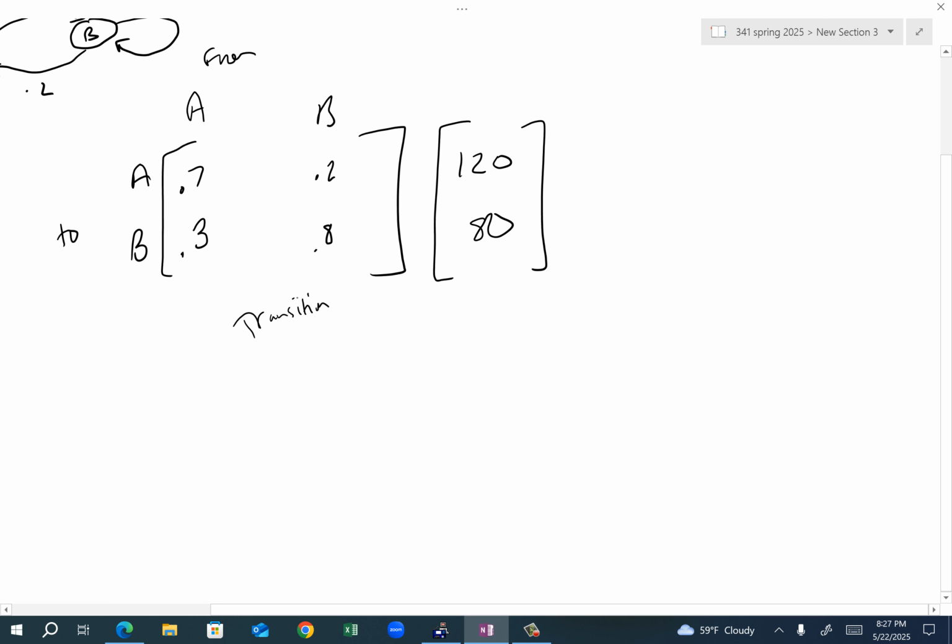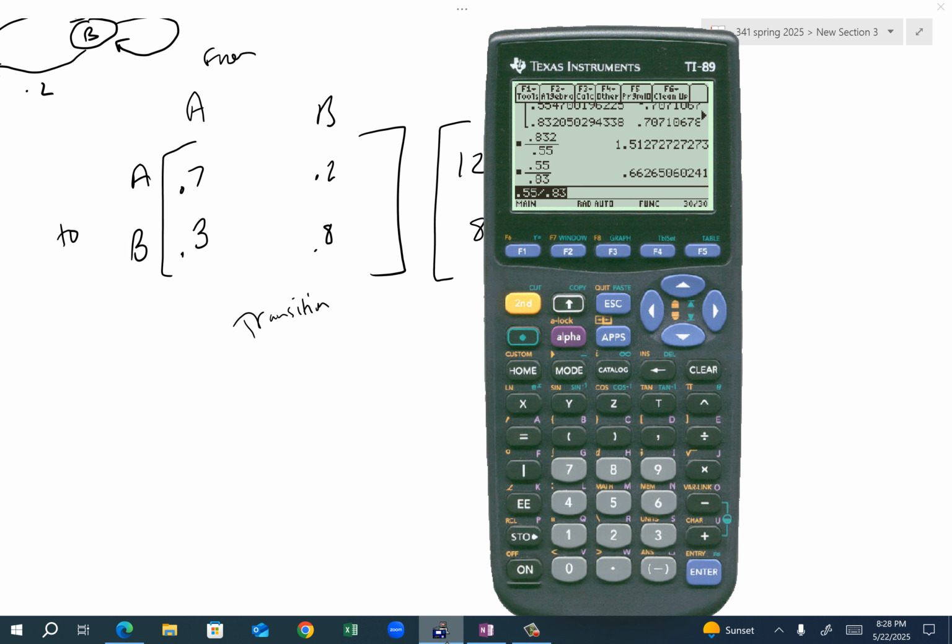Now, what ends up happening is, as we do this, that's where we started, and then over time things are going to change for us. When I do this, I'm going to get another 2 by 1 vector when I'm done. In other words, I started at a certain place and I ended up somewhere else.